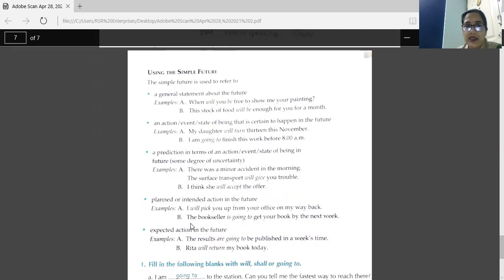Next sentence. The bookseller is going to get your book by next week. So here we have the going to form to show this planning or intention. So we have going to with the first form of get, that is get only, going to get your book by next week.